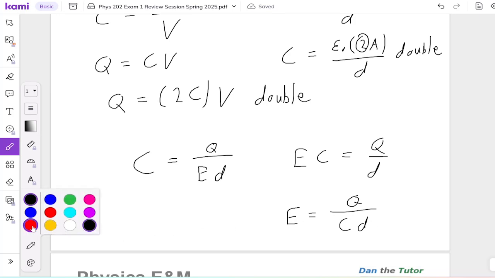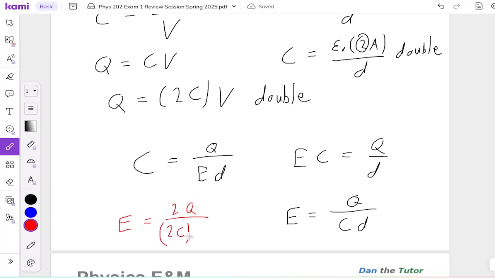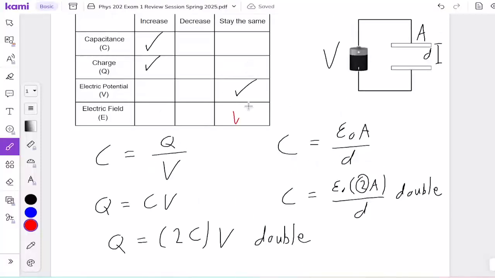Specifically, charge doubled, and capacitance doubled. Distance stayed the same. I noticed the 2's cancel, so it's going to be the same. Electric field stays the same. Any questions there?